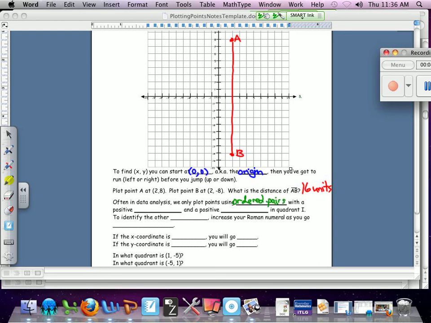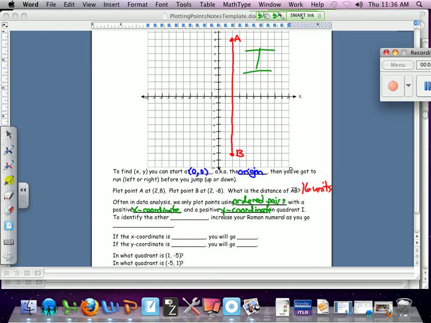With a positive x coordinate and a positive y coordinate. And I apologize for the notes being smaller than usual because I wanted to fit the whole visual on there at the same time. So ordered pairs with a positive x coordinate and a positive y coordinate end up being in what's called quadrant 1, over here in the top right corner.